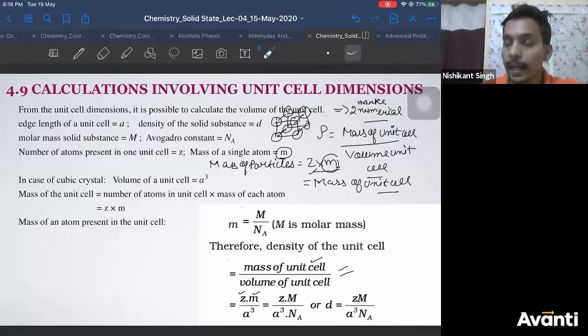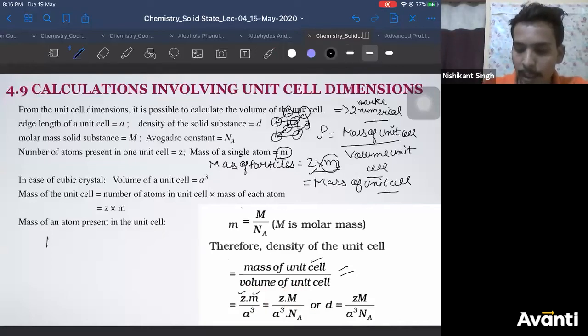Now, we can't find the mass of each particle easily. So we have converted our mass of each particle into molar mass. All of us know this fact from mole concept that 1 mole of anything contains Na particles, Na atoms. And what is the mass of these Na atoms?